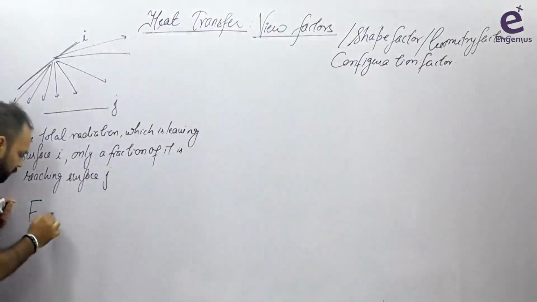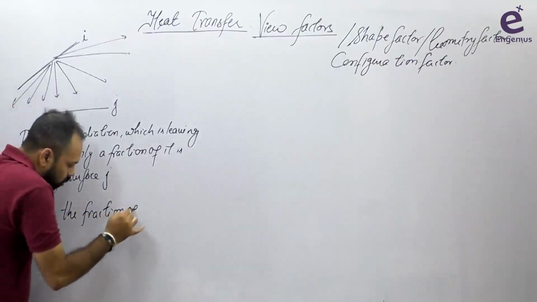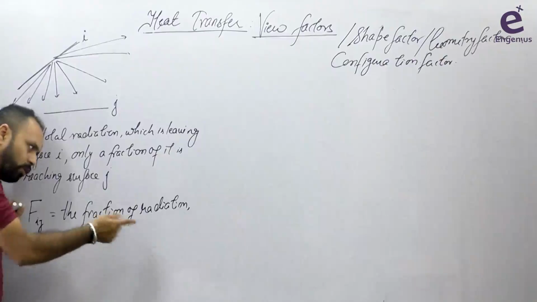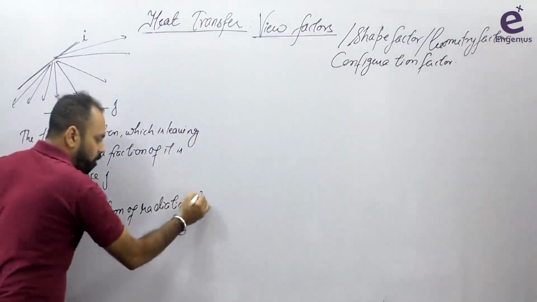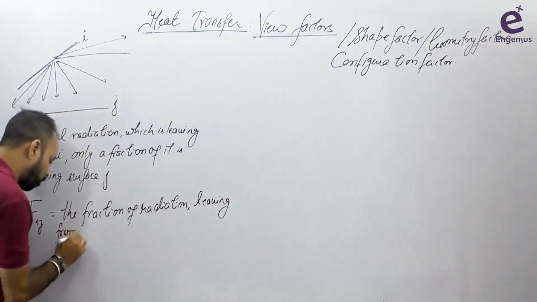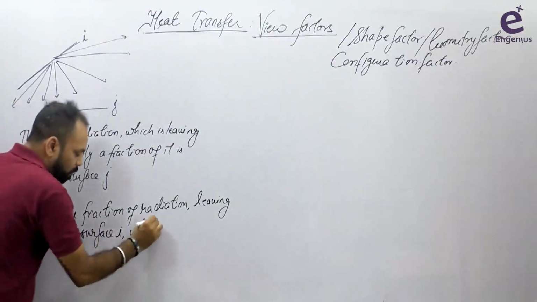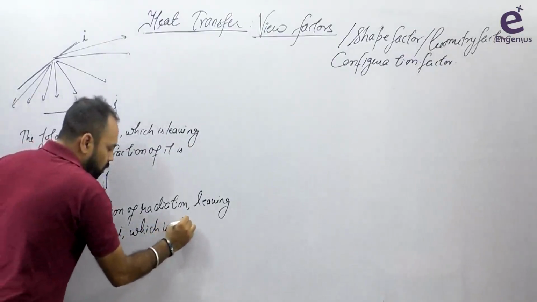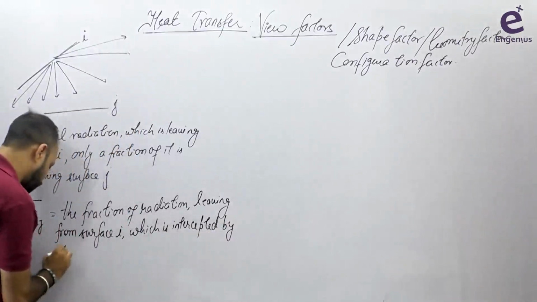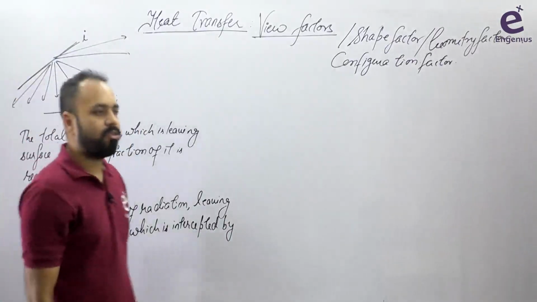Fij is denoted, it is the fraction of radiation leaving from surface I which is intercepted by surface J. So of the radiation that left I, how much was intercepted by J, that is called view factor.